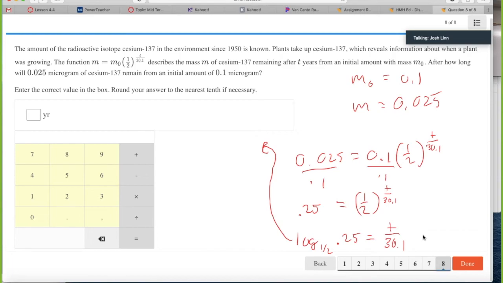So now we can multiply both sides by that 30.1, switching to blue. So now we have 30.1 times log of 1/2, or log base 1/2 of 0.25 equals t.